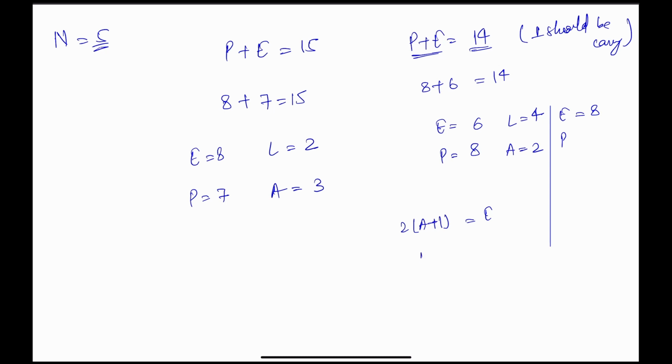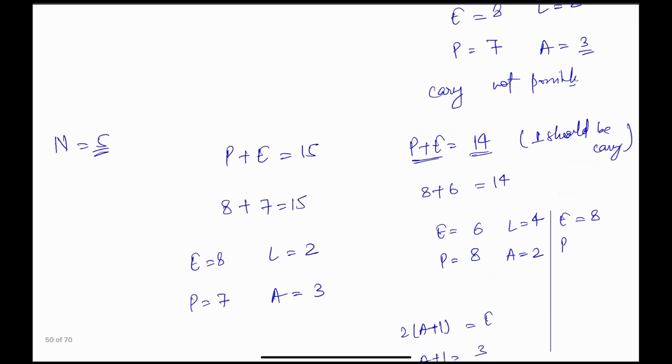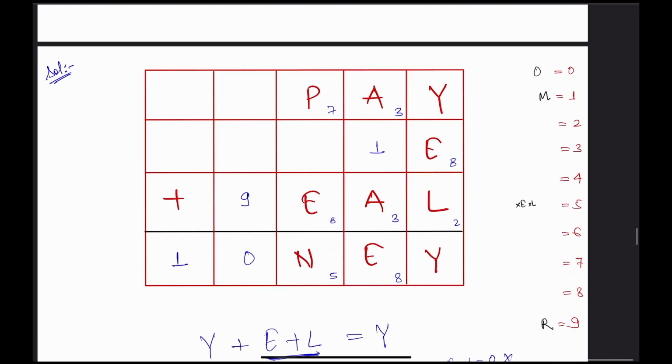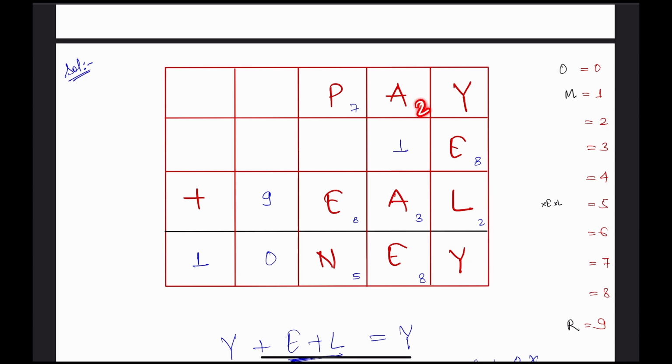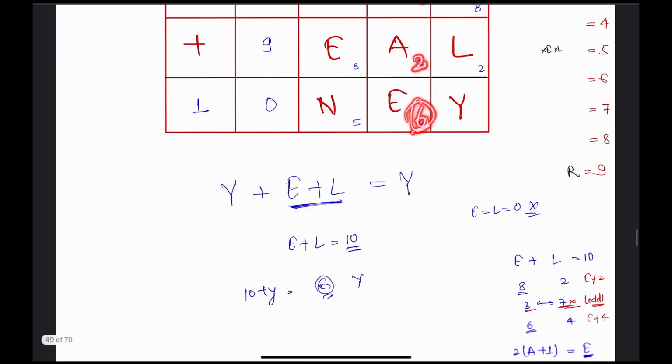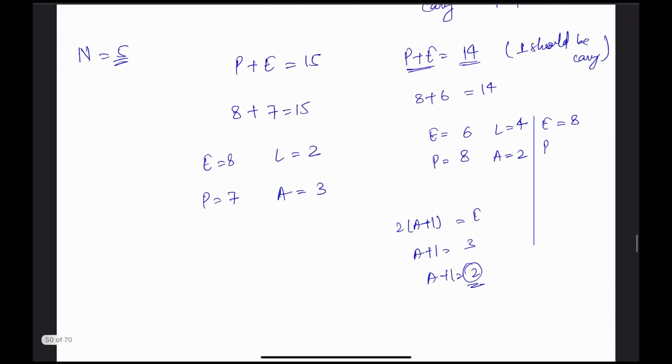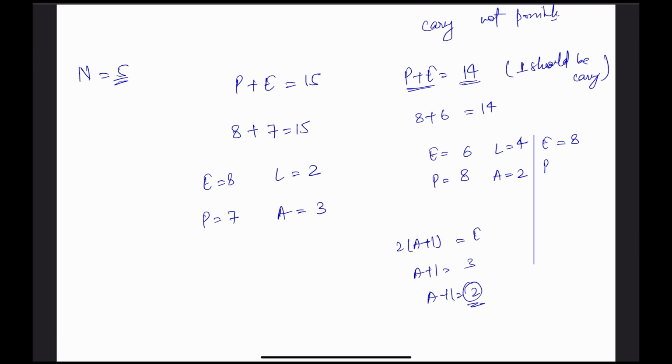So if I take a equal to 2, 2 plus 2 is 4 plus 1 is 5, 1 carry is coming, 6, e value 6 is coming, but there is no carry coming. But in the beginning we chose a condition that a should come as a carry 1. So this case is not possible.